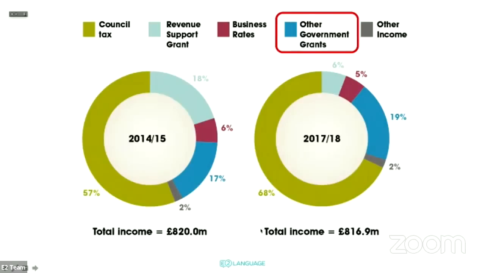Let's do the next one, which I think is the most logical because it's also an increase. So we want to put our increases together. This is the other government grants from 17 to 19%. Please write one sentence.